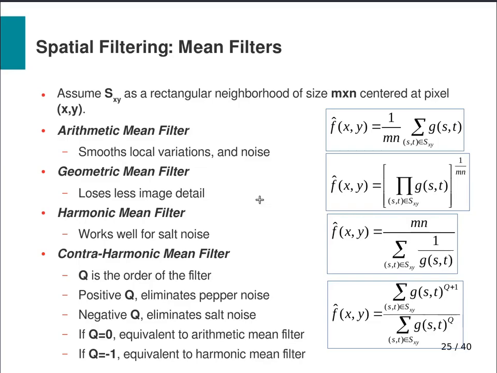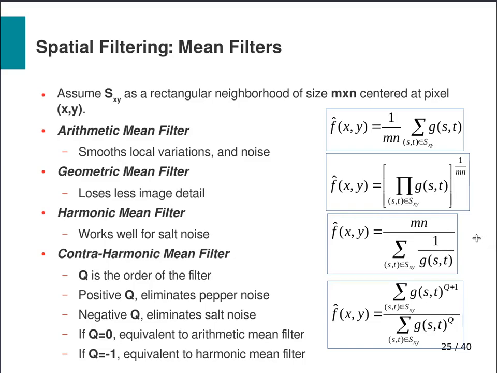Then we have the harmonic mean filter, which works better for only salt noise, in which the new pixel value for the center pixel is calculated by this equation: mn over the sum of the inverse of the intensity values.